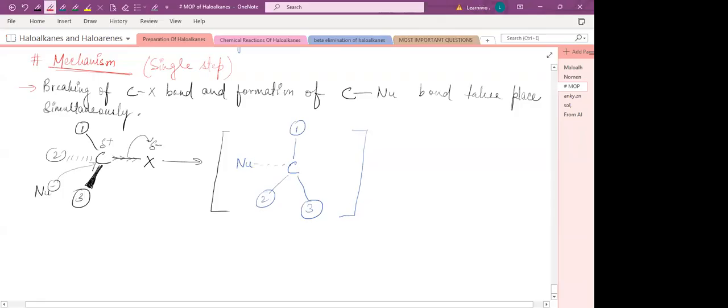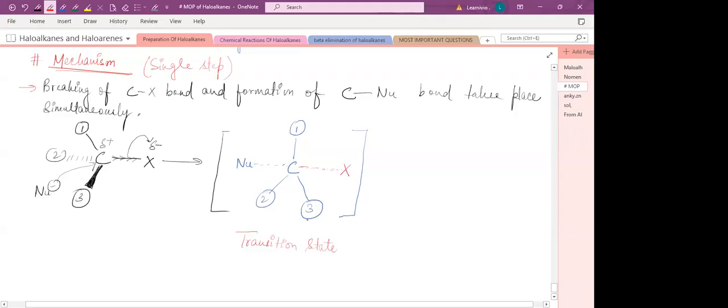I am showing the bond which has to break in red color. So this is the old bond, the C-X bond, and this is the C-Nu bond, which is a new bond. This is basically the transition state.